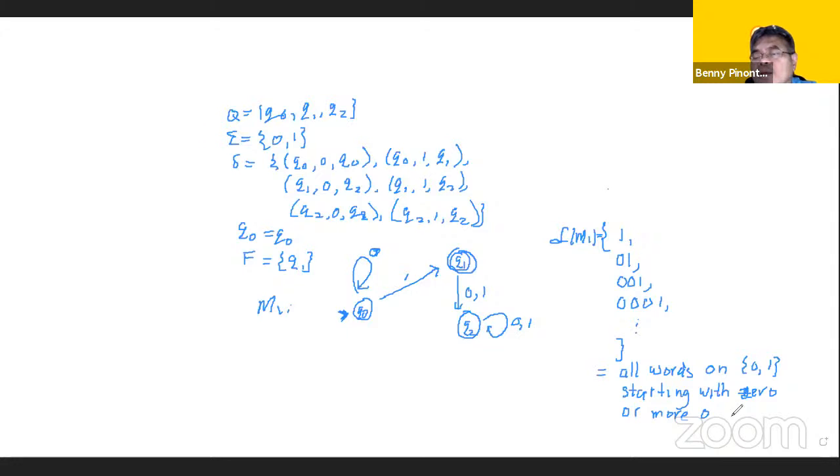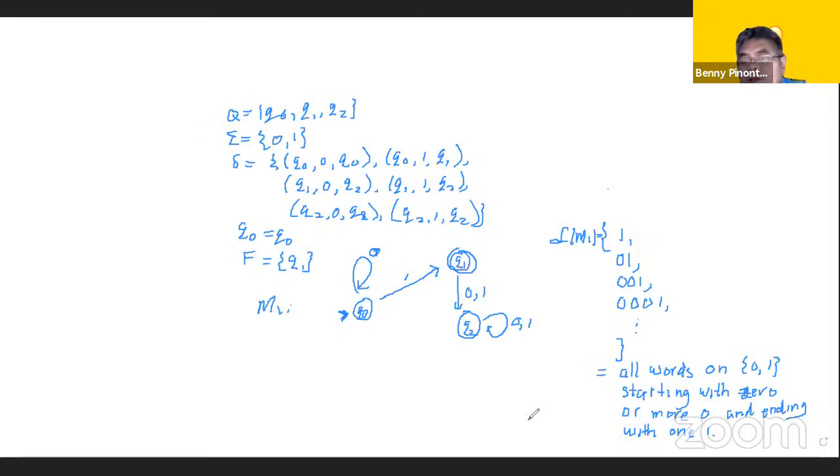and ends with 1. So this is the language.